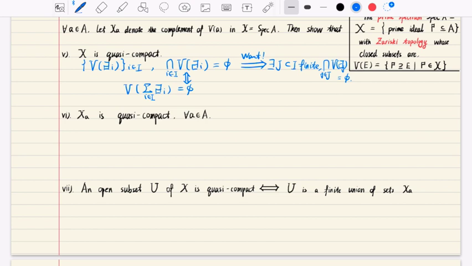We can replace the union by the summation because we are working with ideals. Then, what's the meaning of this?